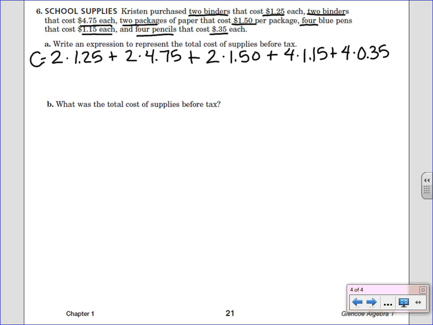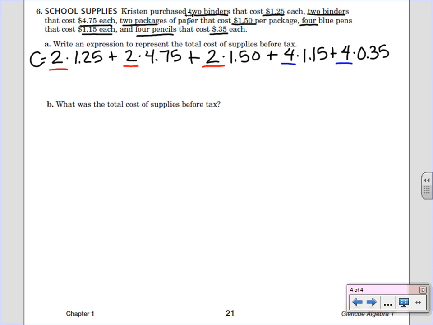The other way that we can do is to look at it and say, well, we have a common factor of 2 in each of those 3 things, and a common factor of 4 in each of those 2 things.